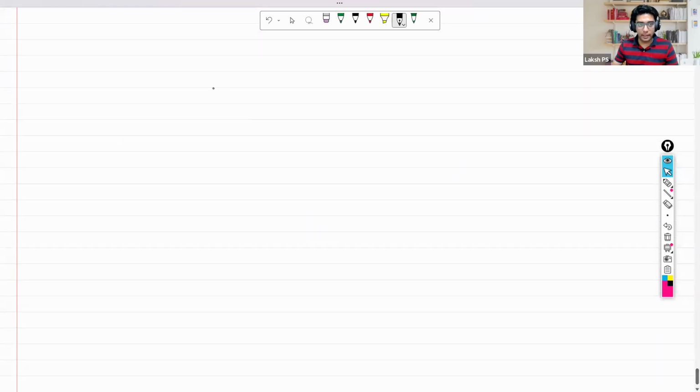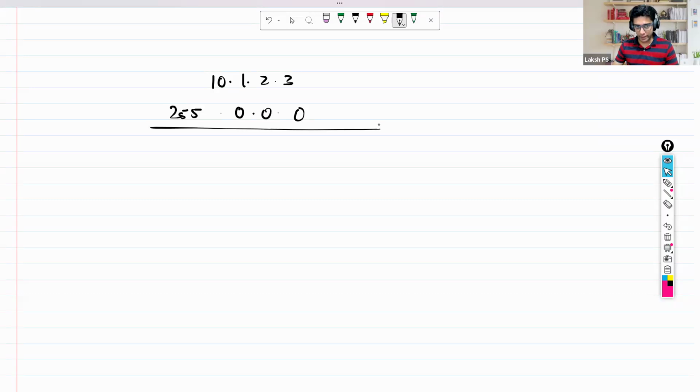Okay, please do not confuse the address mask and the IP address. Okay, let's say 10.1.2.3. Okay, the default address mask is 255.0.0.0. So any networking device will find out which is the network part and which is the host part of this particular IP address through the address mask only.